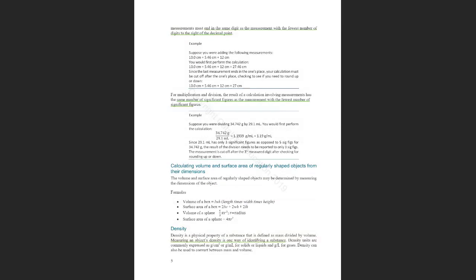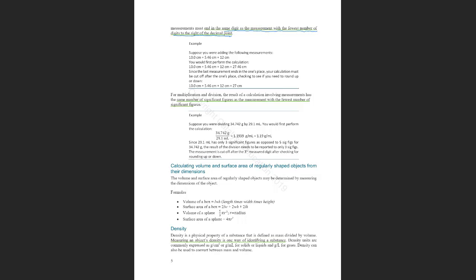So here they are showing some examples in the experiment. So here it says, if we are adding and subtracting, the measurement must end in the same digit as the measurement with the fewest number of digits to the right of the decimal point. This is if we are adding.